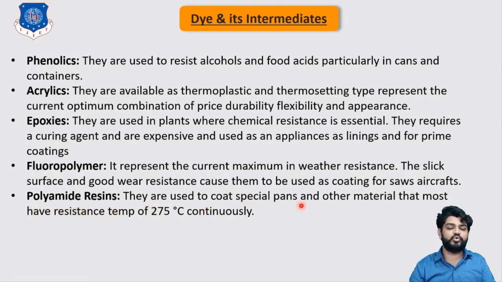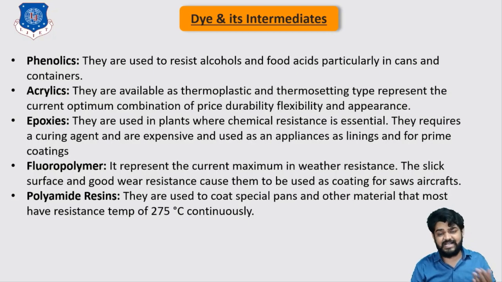They are used to coat special paints for very high heating materials, such as where a temperature of 275 degrees needs to be maintained. Hence, we use such paints to paint different furnaces and equipment that are continuously exposed to the very high temperature of 275 degrees Celsius.